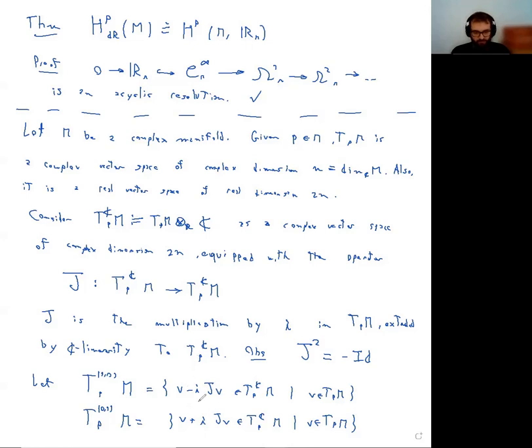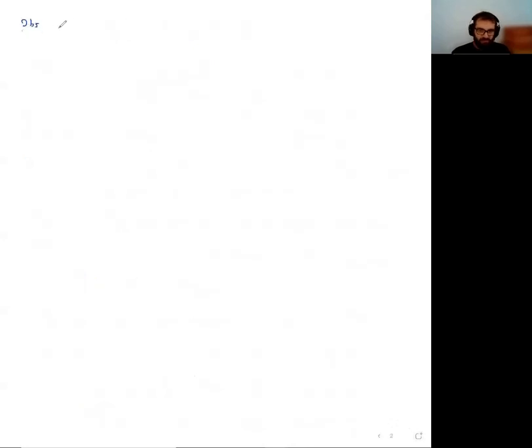And why are these two spaces important? Why do we consider this in particular? The observation is that if you apply J to an element of the first space, you get JV minus iJ squared V. Remember that J is C-linear because we extended it that way. So J squared becomes -1, and this becomes just JV. So this is nothing but i times (V minus iJV).